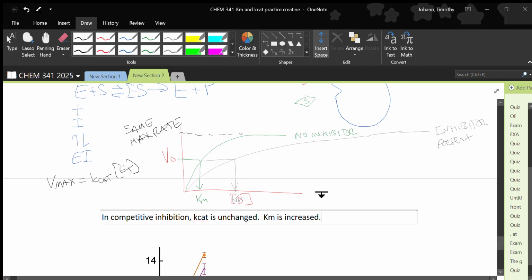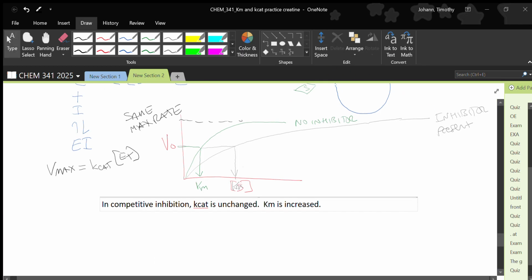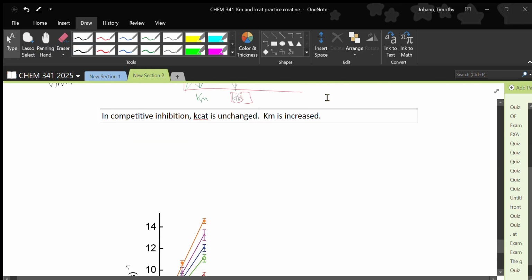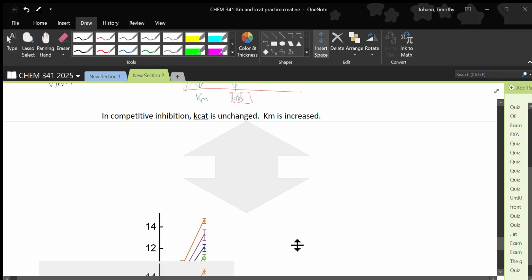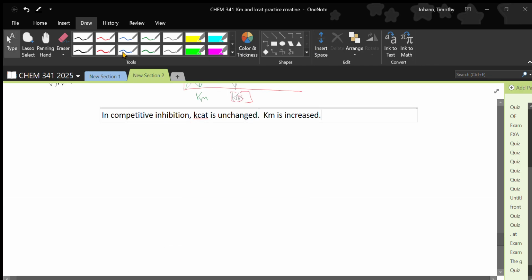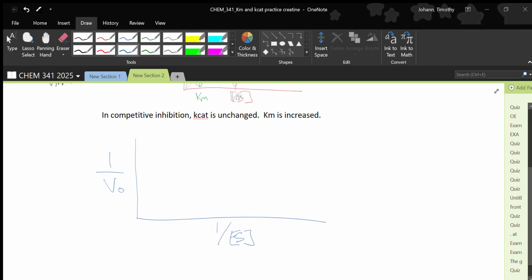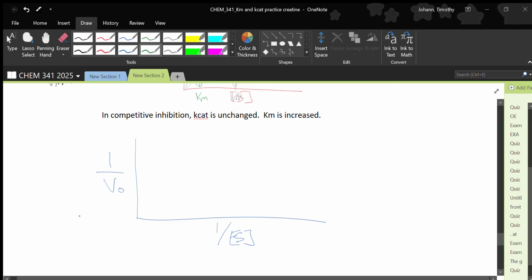Let's quickly look at how this would look on a Lineweaver-Burk plot. I have 1 over my substrate concentration versus 1 over my V naught. We went with green and gray, so there's my green line.